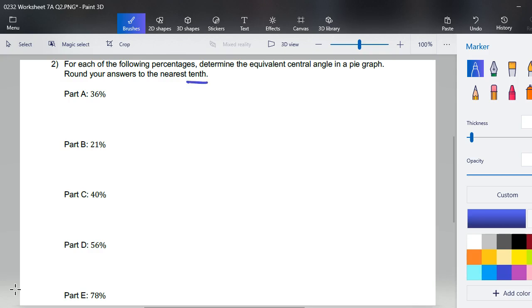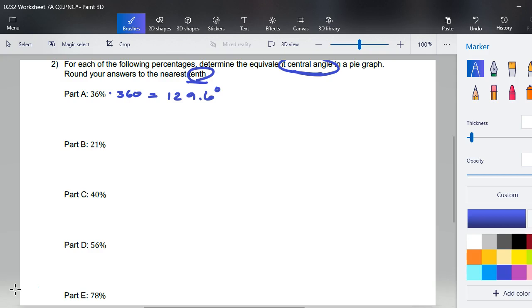So it is asking central angle 36% of the 360 degrees. I'm typing in 0.36 times 360, and I'm getting 129.6. They asked us to round to the nearest tenth, so it would be 129 and 6/10 degrees.